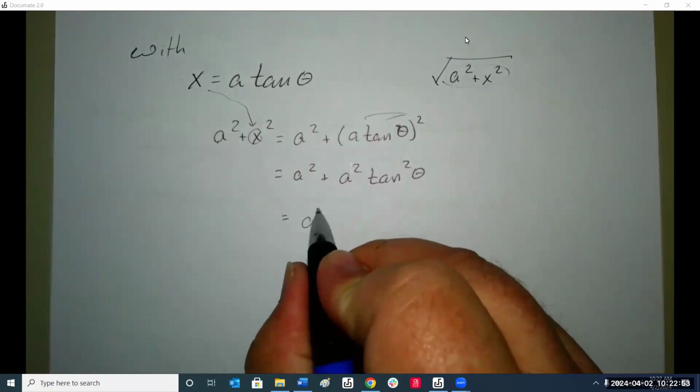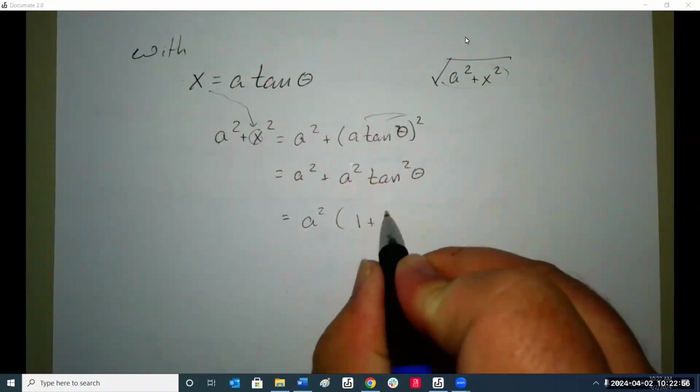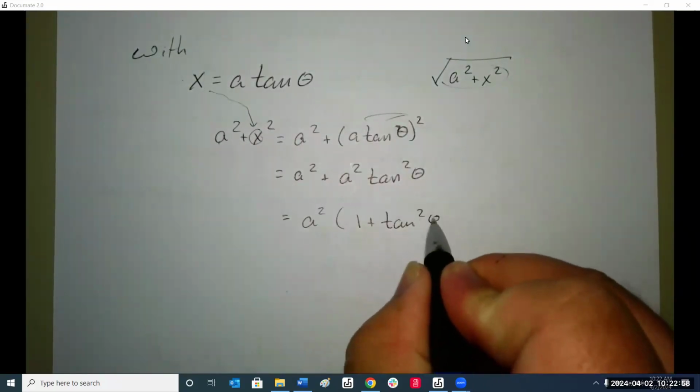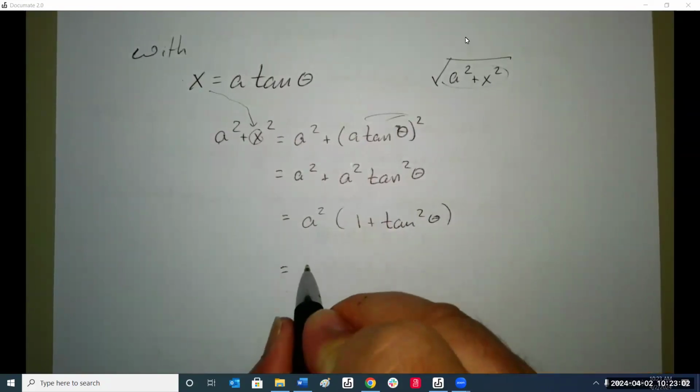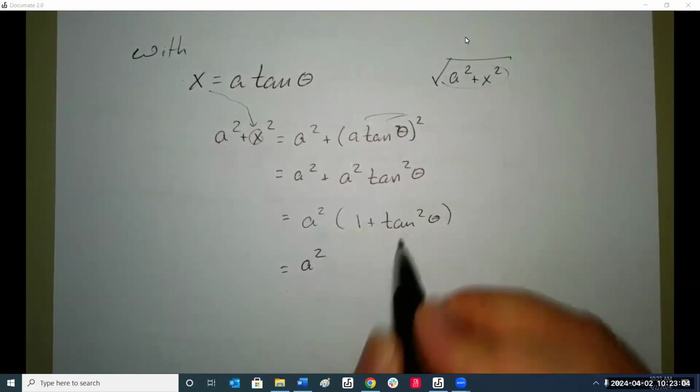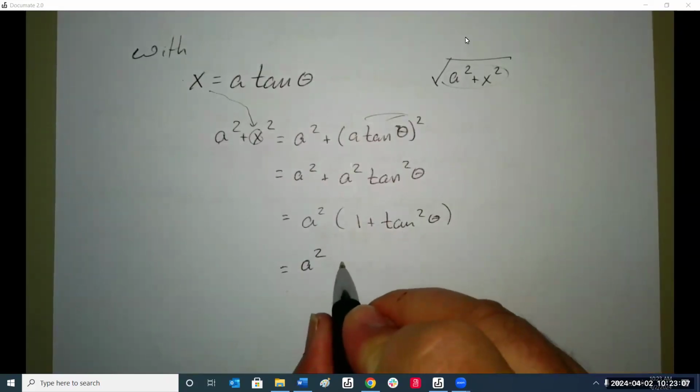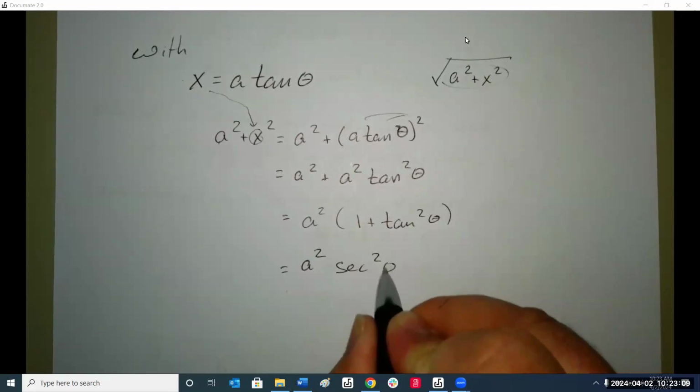We can factor out the a squared. So we have 1 plus tangent squared theta. One plus tangent squared is the same thing as secant squared theta.